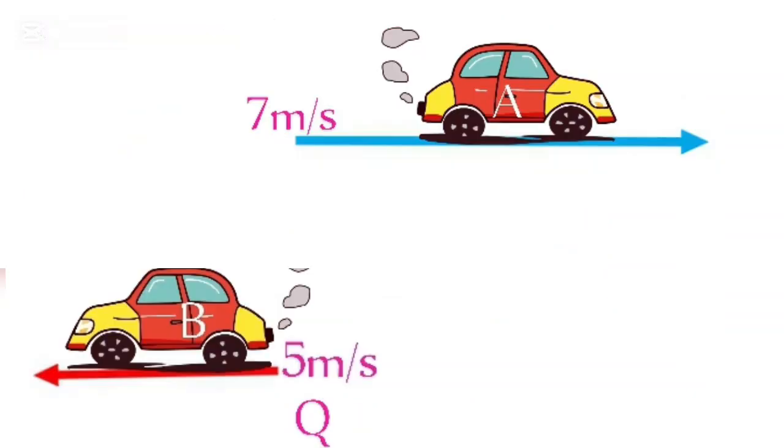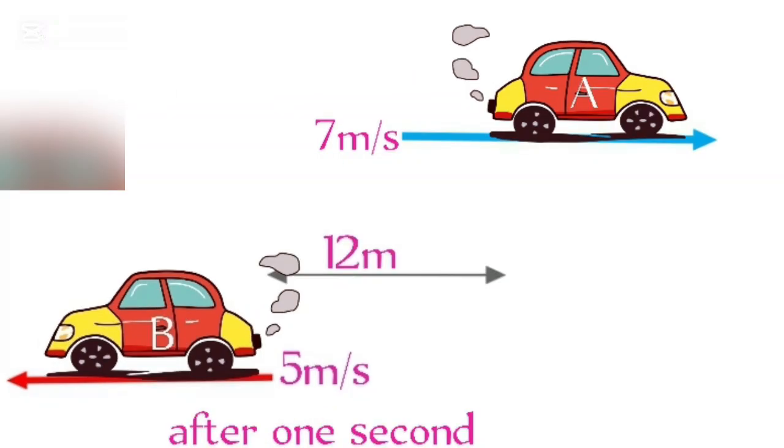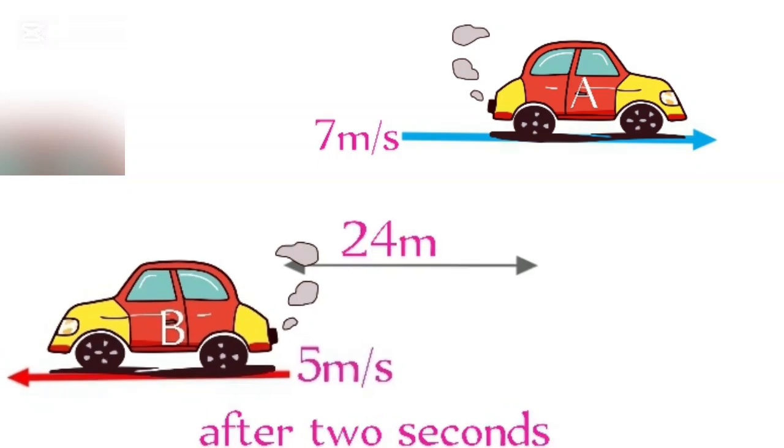When the two cars move in opposite directions away from Q, we can see that the displacement of car A from car B after 1 second is 7 plus 5, which is equal to 12 meters. After 2 seconds, it will be 10 plus 14, which will be equal to 24 meters.